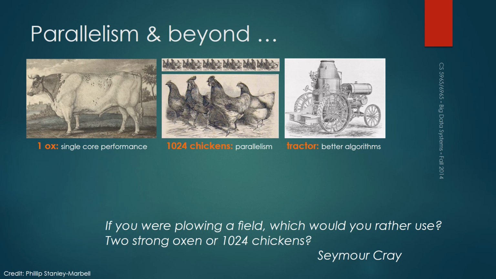And I'll repeat this throughout this class: don't jump into the notion that this is a large problem and you need to throw it at 100 processors. You need to start thinking from the perspective of what is the best way to solve it. In many cases, the solution might be to come up with a tractor.